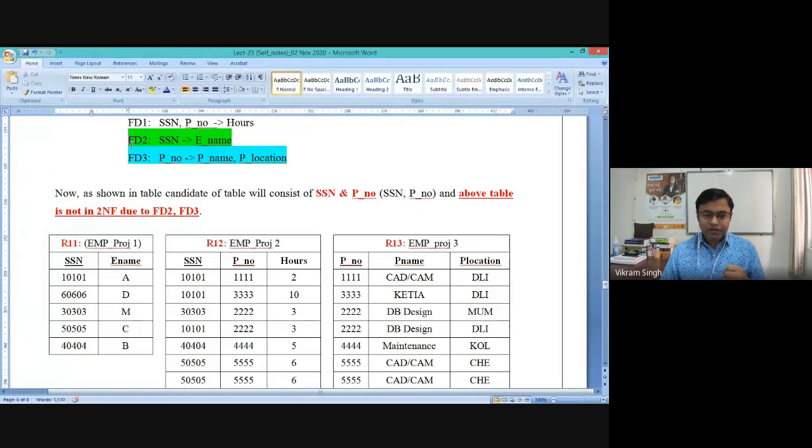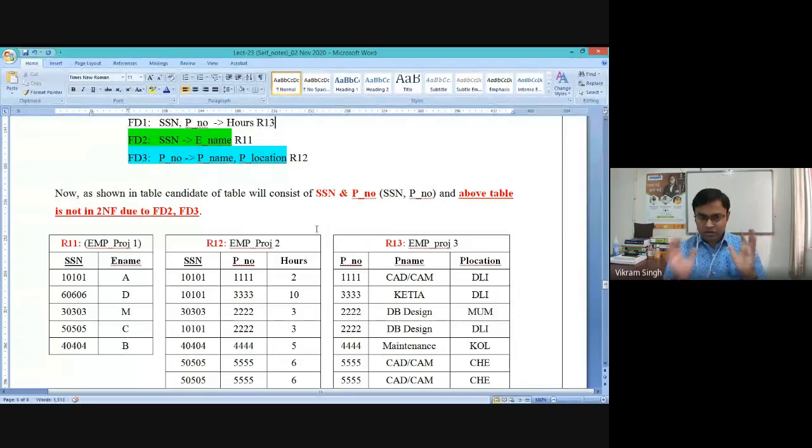Similarly, FD2 is kept in one relation, and FD3 is kept in another relation, R12, and the FD which is following the condition of second normal form is kept in R13, something like that.